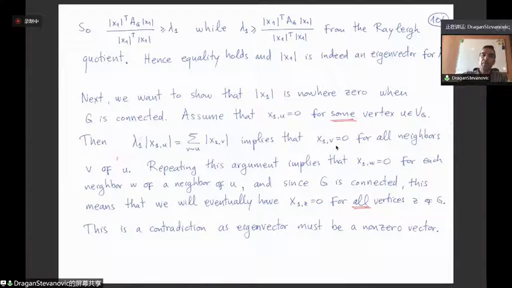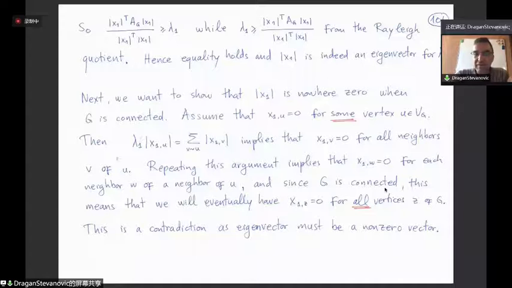Now we apply the same argument again for each neighbor v of u, so we will obtain then that its neighbors have 0 component of x1, and then we repeat the argument for the neighbors, and then we build a larger neighborhood of u where the eigenvector components are all equal to 0.